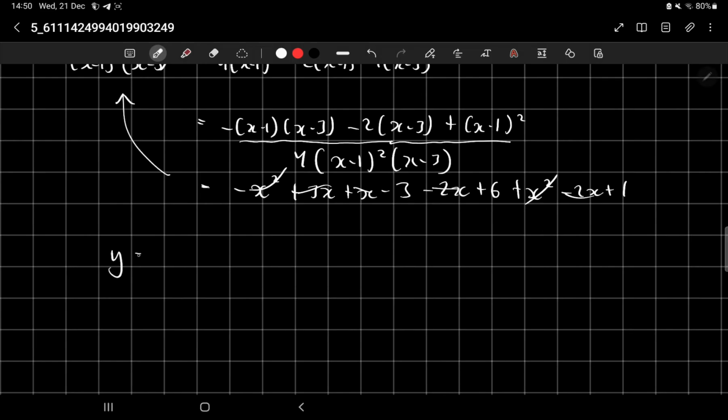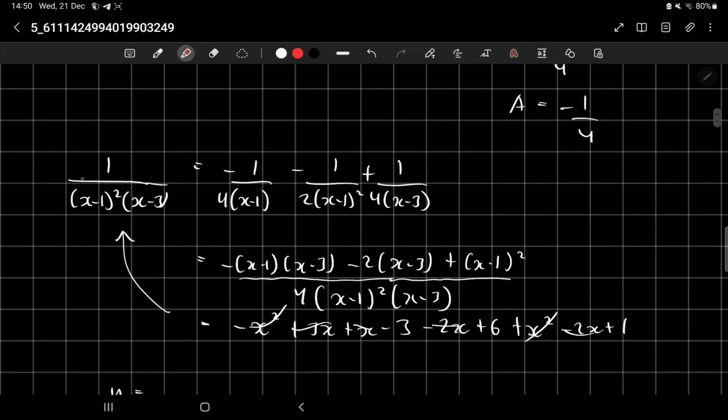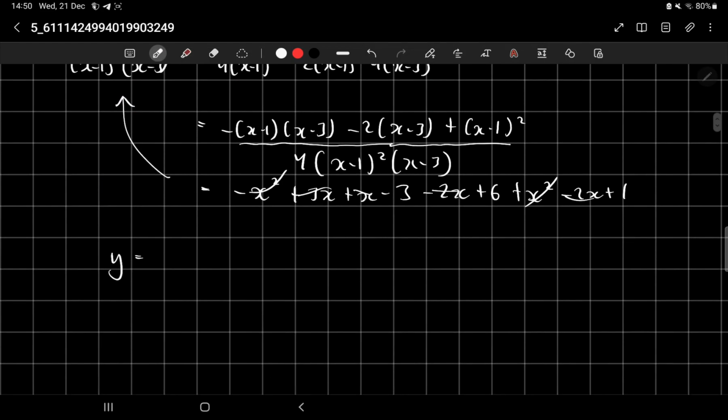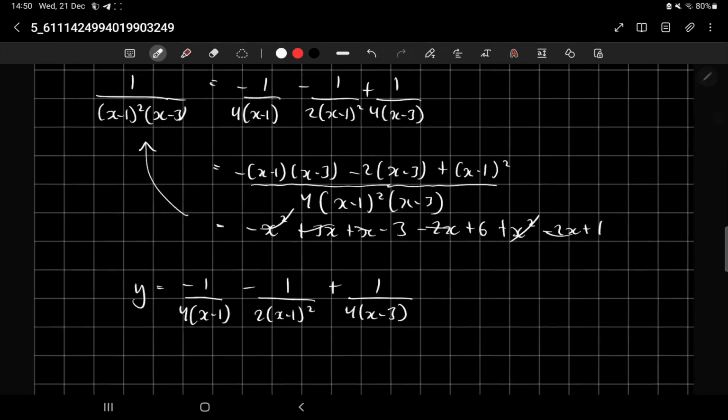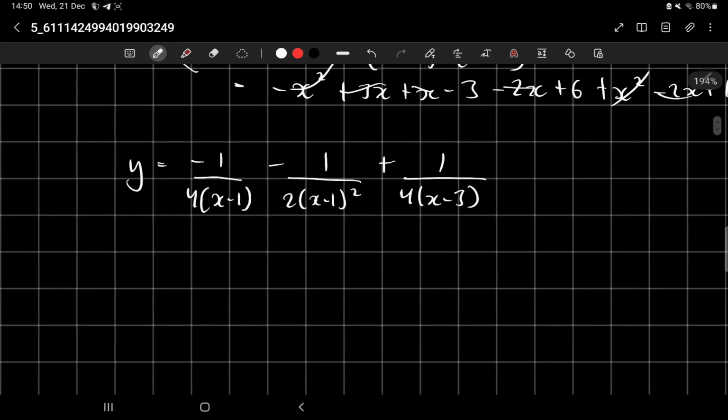So we know our y is this function here, but we express this function into a partial fraction form, in other words, negative 1 over 4 times (x minus 1) minus 1 over 2 (x minus 1) squared plus 1 over 4 (x minus 3). Okay, so we are differentiating both with respect to x.